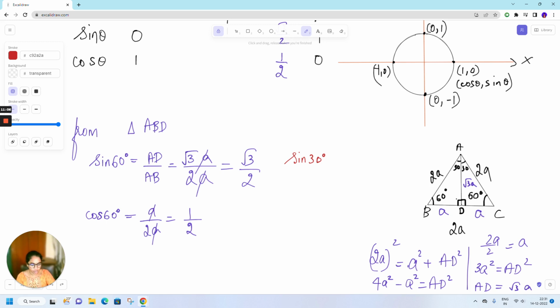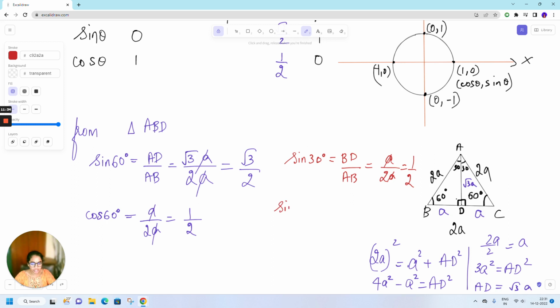So, sine 30 degree is equal to opposite, that is BD, divided by the hypotenuse, which remains the same, that is AB. What is the value of BD? BD is A, right? Divided by AB, which is 2A. A and A get cancelled and I would get half.